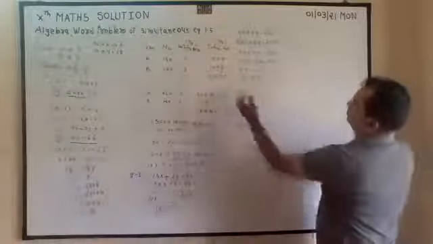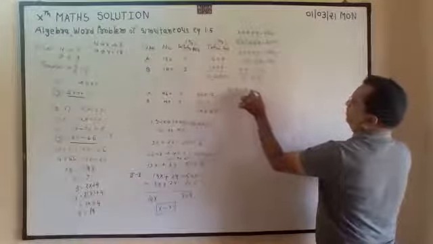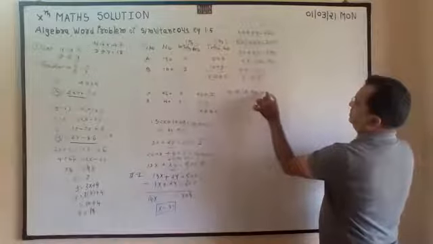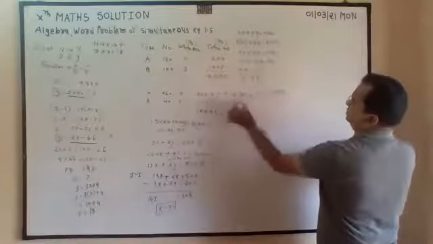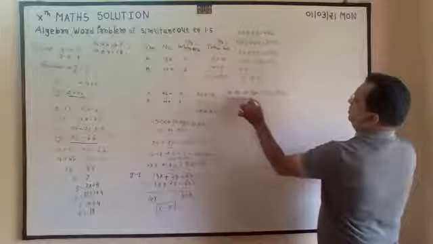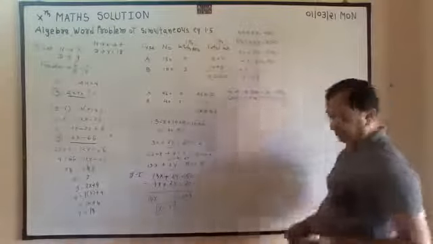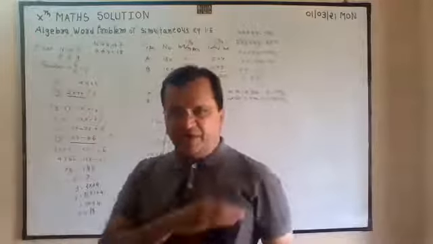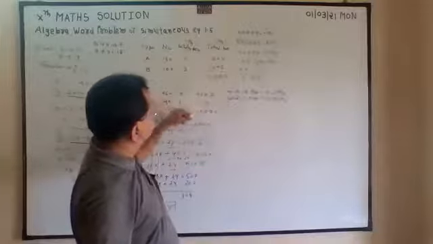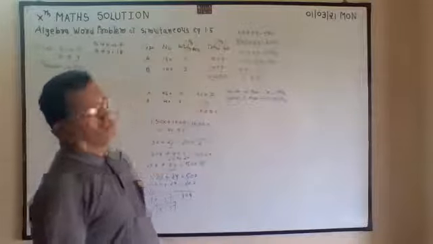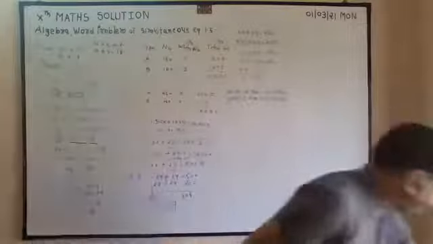So the weight of one A box, x, is equal to 30 kg. Weight of one B box, y, is equal to 55 kg. When you substitute in any equation, this or this, you will get 10,000 kg, 10 ton, 1 ton is 1000 kg.